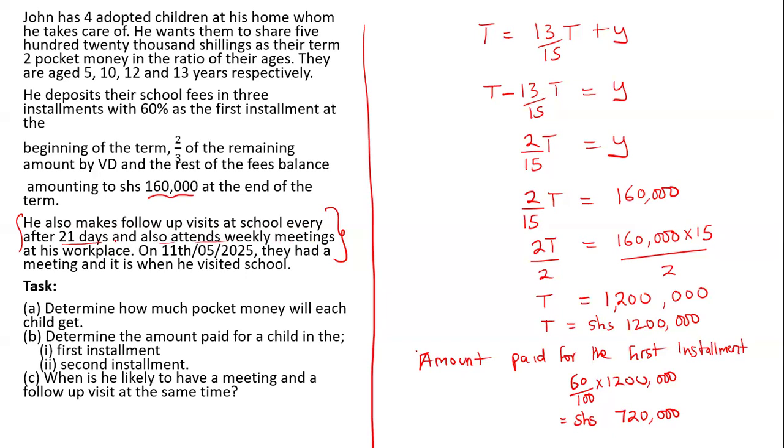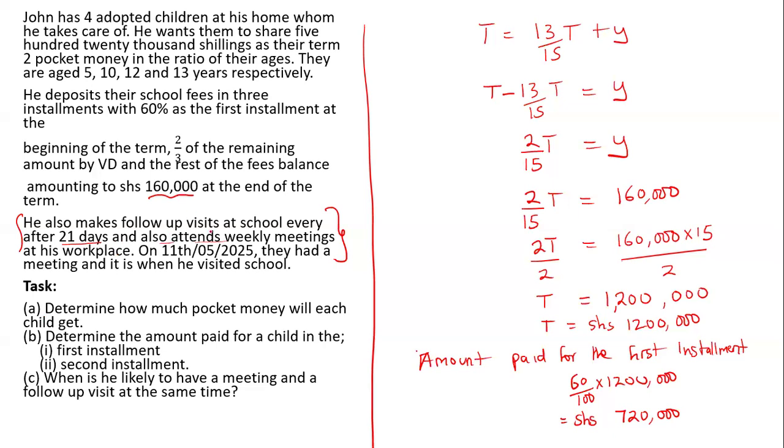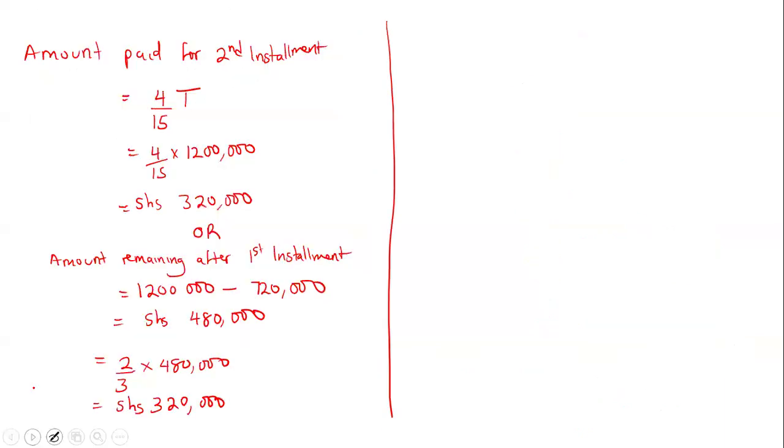Now, there are two things here. If you are not very observant, you may miss out on the second component because here there are two things we are going to look at. One, in the question, they have told us that he has meetings every week. Those are what we call weekly meetings, and also attends school every after 21 days.